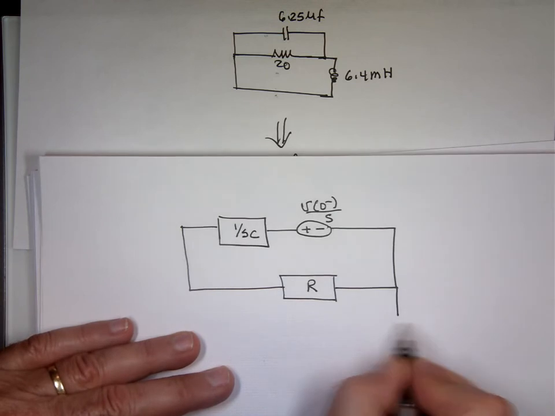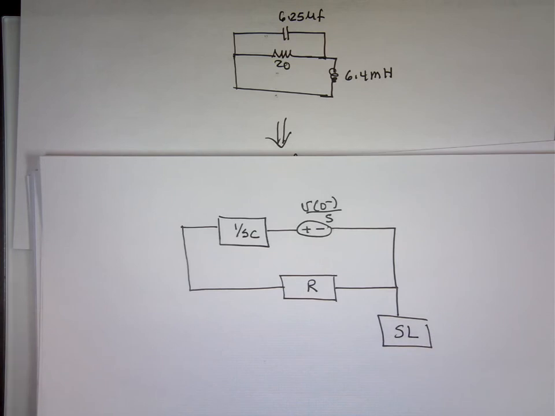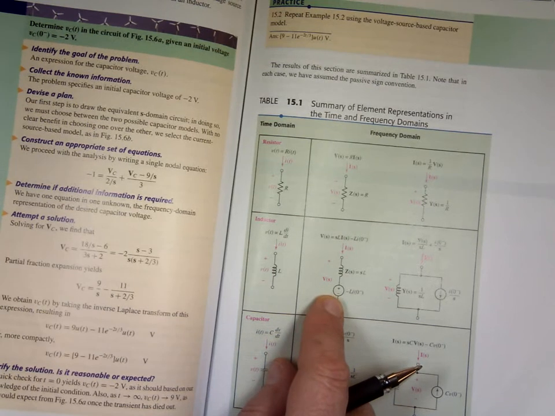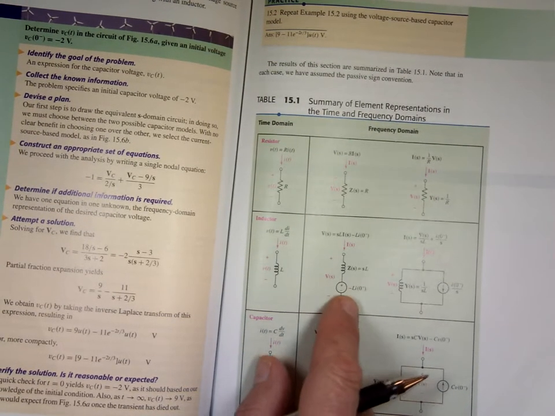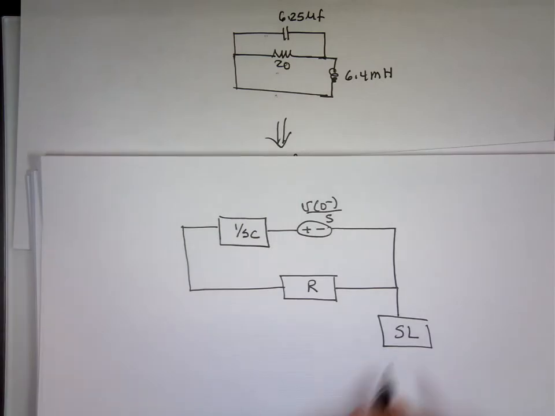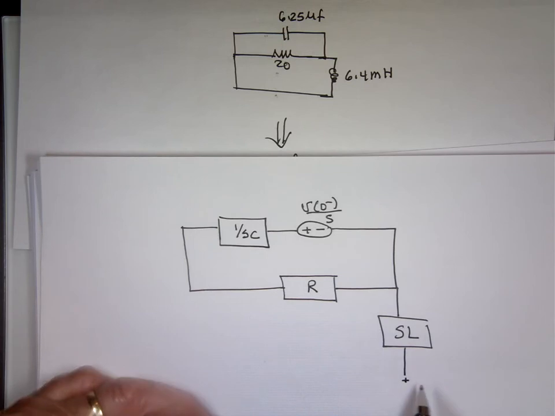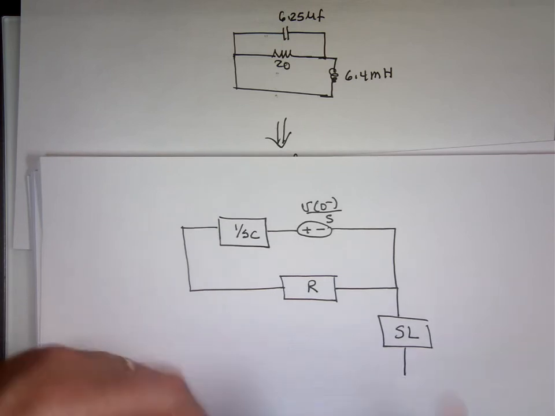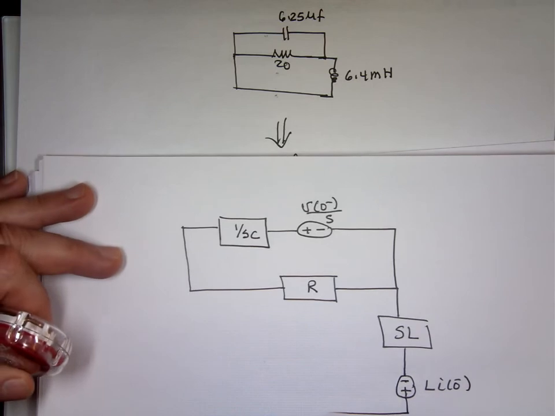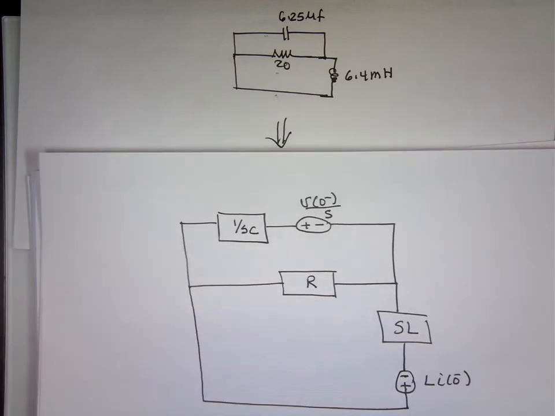I'm going to replace it with SL and a voltage source, of the value L times I sub 0. So minus to plus. Oh, I just said minus to plus, and I started writing a plus. The opposite direction? It's going in the opposite direction. Yep, minus to plus.